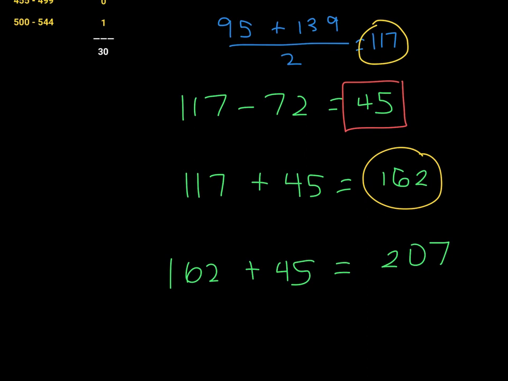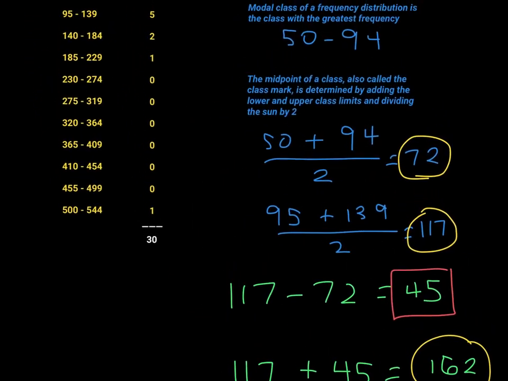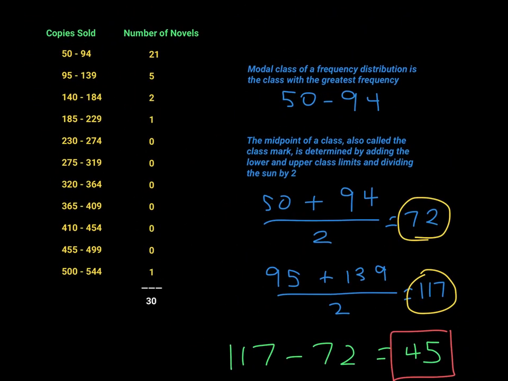Right? I think my arithmetic is correct. And 207 is the class mark for this fourth class right here. Where is it? Right here. So you can keep adding the class width to each of the class marks to get the next class mark.